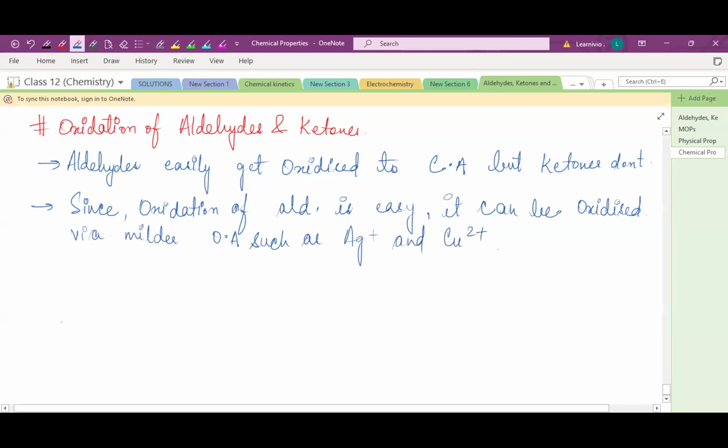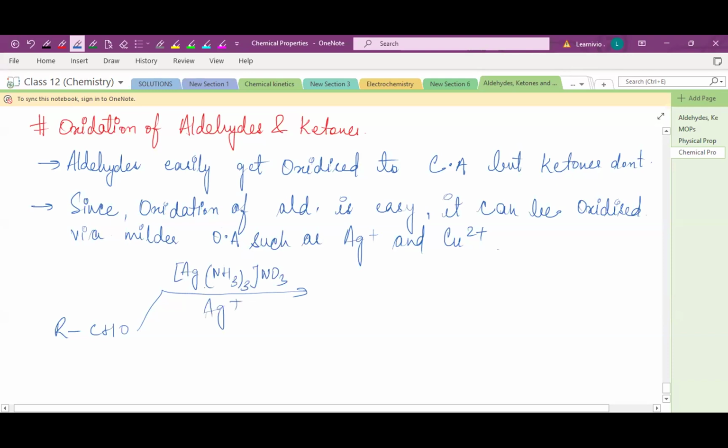Now let's suppose you take the RCHO group, aldehyde group, and you add silver ammoniacal nitrate, the complex Ag(NH3)2 NO3. This is silver ammoniacal nitrate. It will give you Ag plus ion.